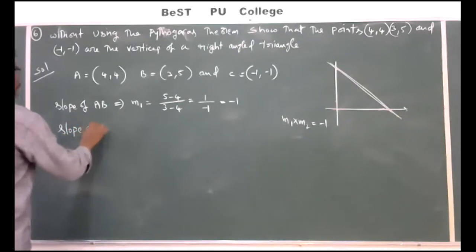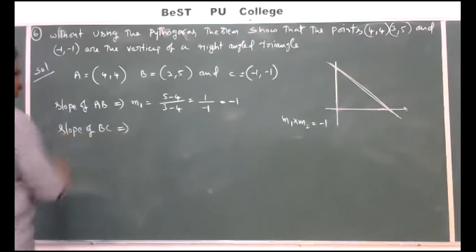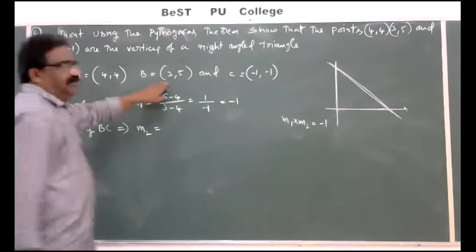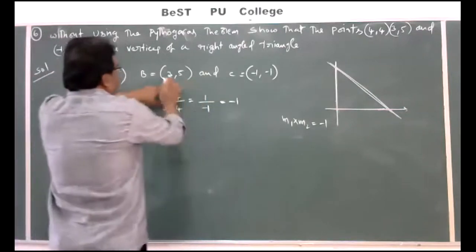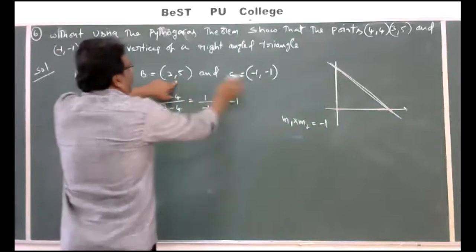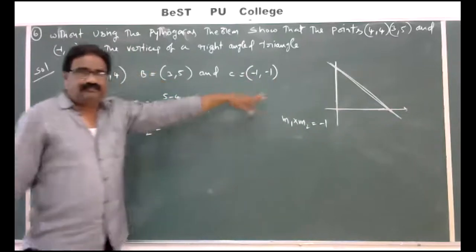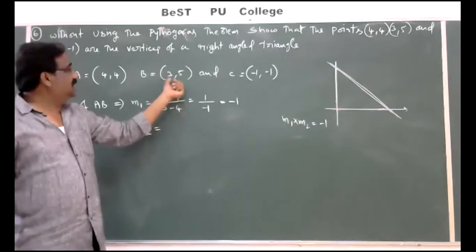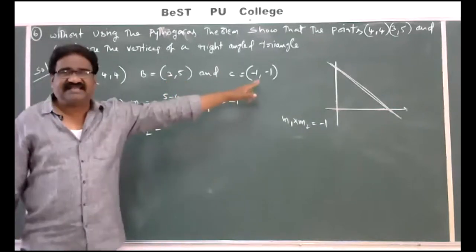Then slope of BC, that is m2. For slope of BC, you consider this is x1 y1 and this is x2 y2.